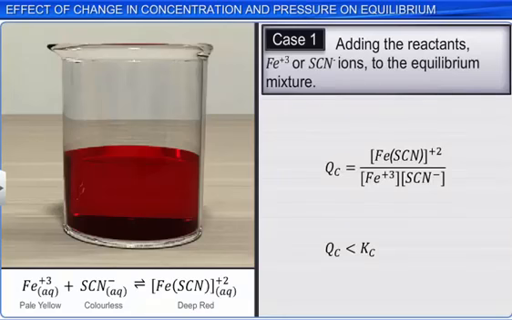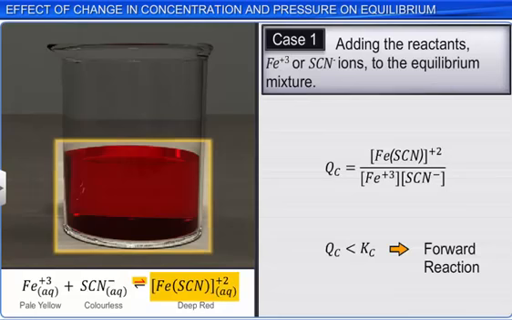You have already studied that when Qc is less than Kc, the reaction proceeds in the direction of formation of products. That means the reaction proceeds towards the formation of FeSCN+2 ions.